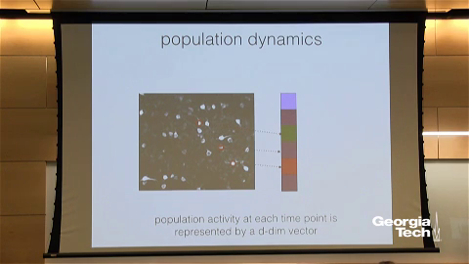So we can look at the firing rate or the activity of many neurons within the population, and each of these charts out a single entry within this feature vector. And so now the population activity at each time point is represented by this d-dimensional vector in this high-dimensional space.